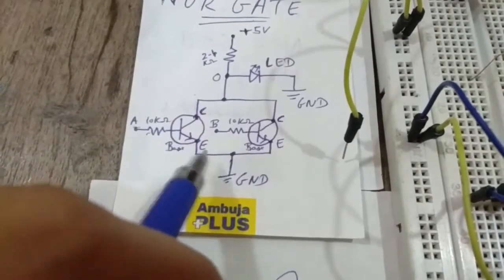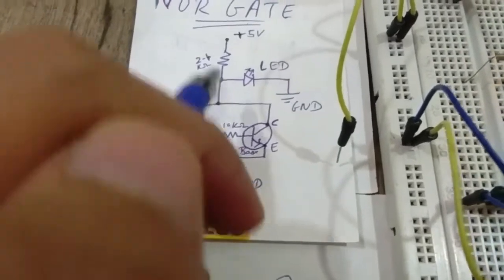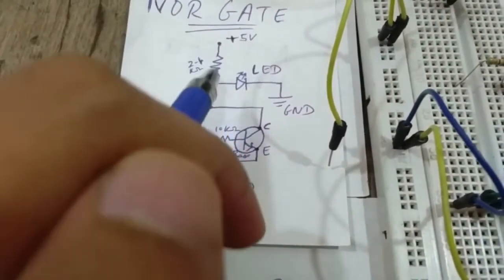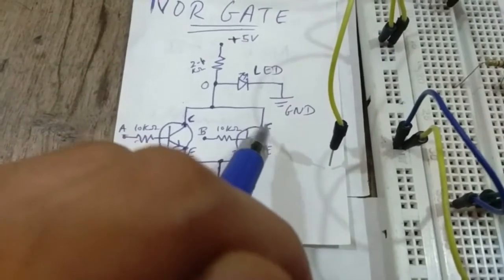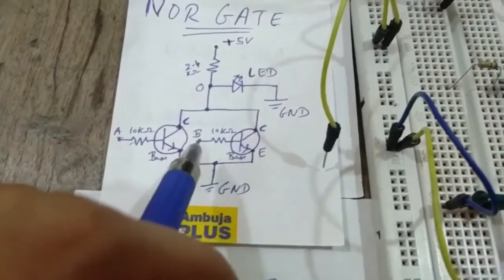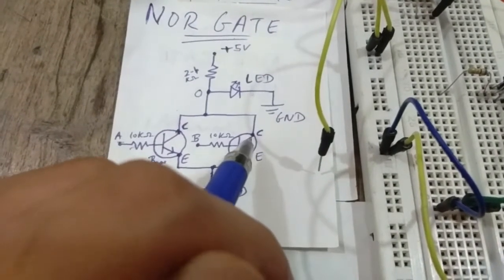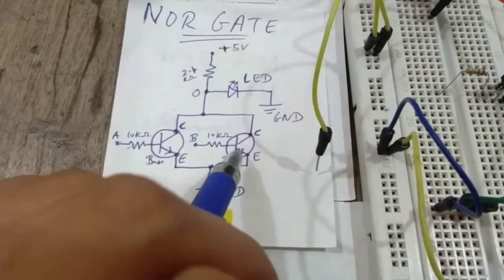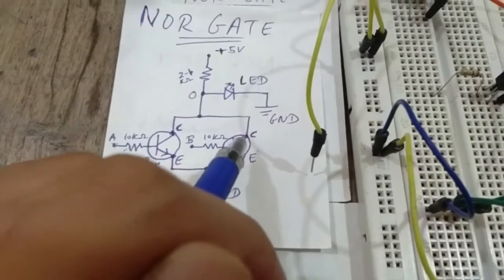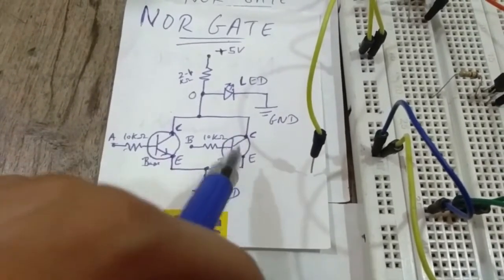For the second transistor, the collector has a high input and the base is also high, so there is a connection between collector and emitter.